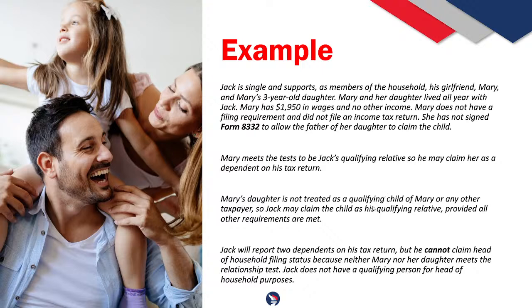Mary's daughter is not treated as a qualifying child of Mary or any other taxpayer, so Jack may claim the child as his qualifying relative, providing that we've met all the other requirements. Jack will report 2 dependents on his tax return, but he cannot claim head of household filing status because neither Mary nor her daughter meets the relationship test. Jack does not have a qualifying person for head of household purposes.